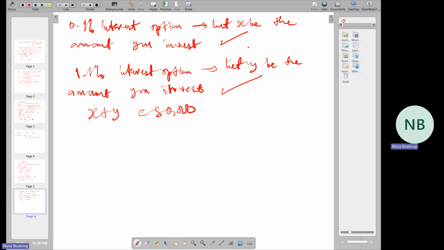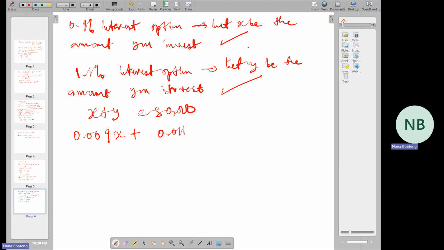And also in terms of the amount you gain in interest, 0.9% is the same as 0.009. If you invested X amount, the interest you gain is 0.009 times X, plus the 1.1% account. 1.1% is 1.1 divided by 100, which is 0.011.